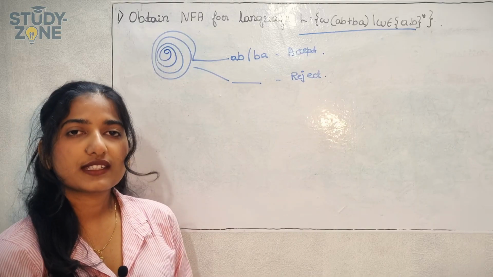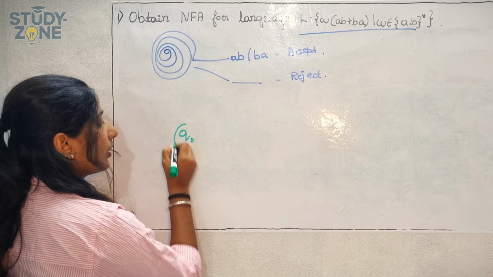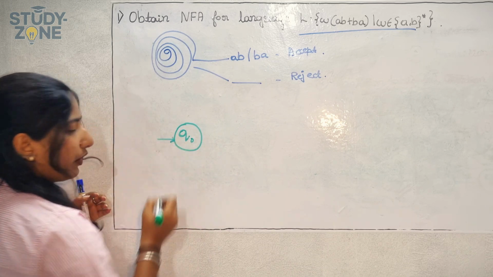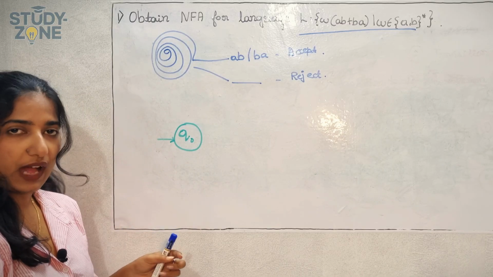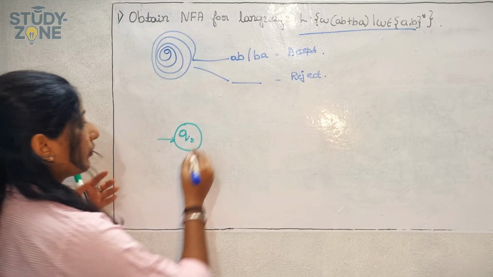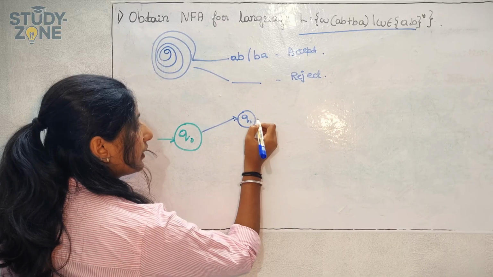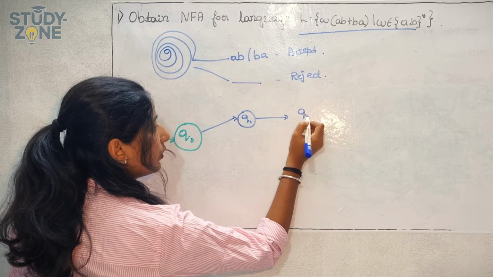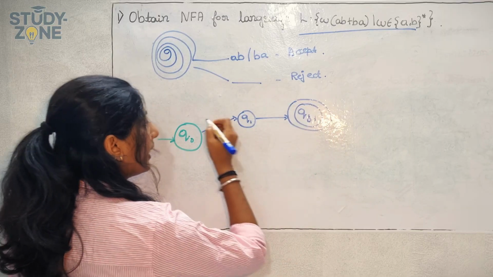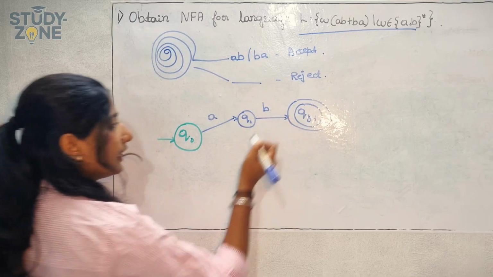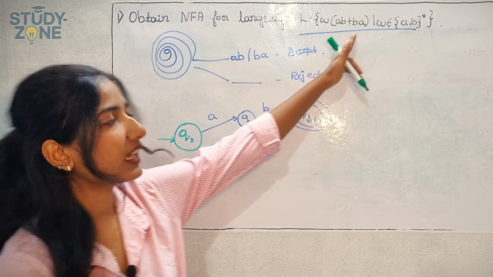Okay, so now how to take states? Q0 is a common state, which is the entry point for all the symbols. Now if I have a string ending with ab, it will be in this state, let us take this as QF1. Now I have another case, that is ending with ba.